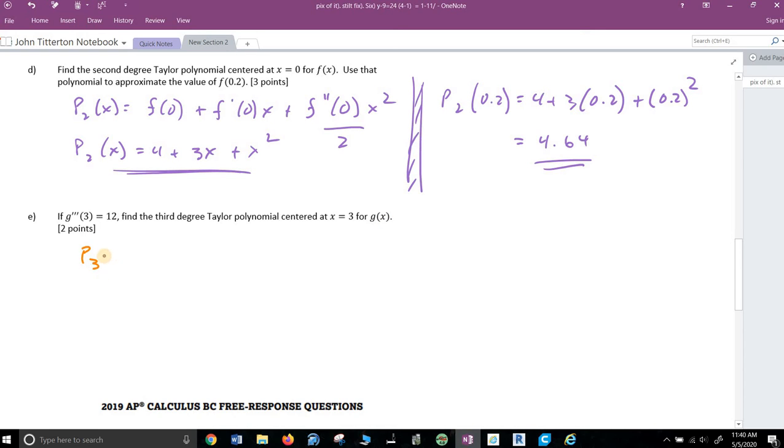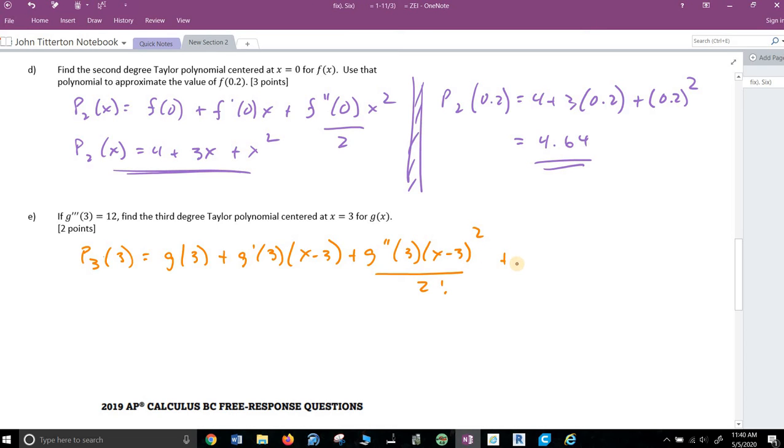Now this actually I could see as a question. P3 of x equals g of 3 plus g prime of 3 times x minus 3 plus g double prime of 3 x minus 3 squared over 2 factorial plus g third derivative of 3 x minus 3 to the third over 3 factorial.